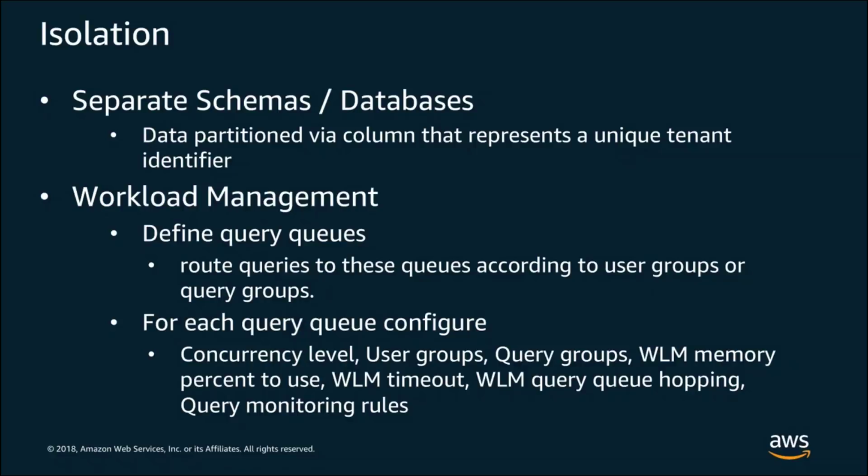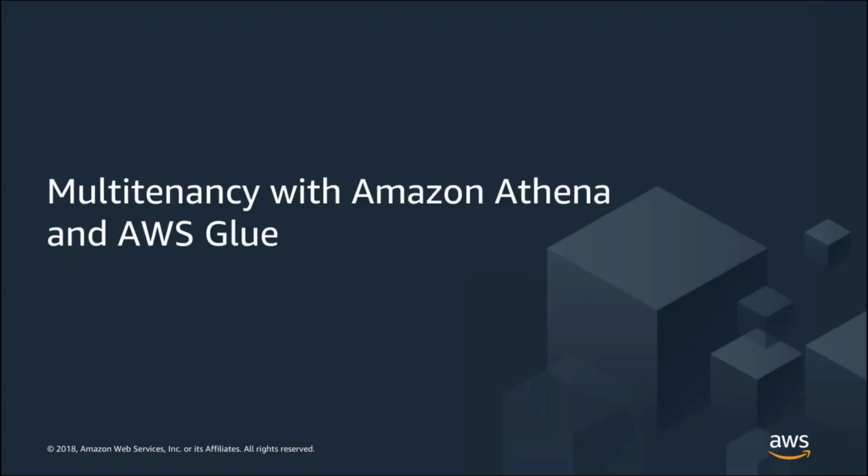Queries are routed to these queues according to their priority or users or query groups. And for each of these query queues, you can configure multiple parameters, such as concurrency level, the user groups, query groups, the WLM memory percentage to use, the timeout that you specify in case the query doesn't finish at a certain time, query hopping, as well as queue monitoring rules.